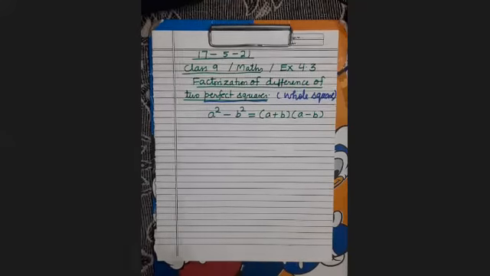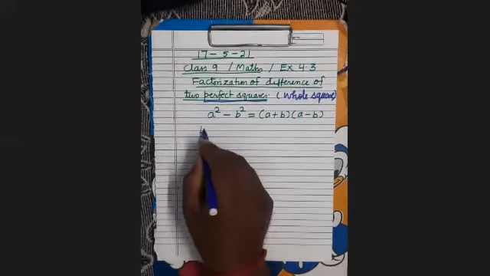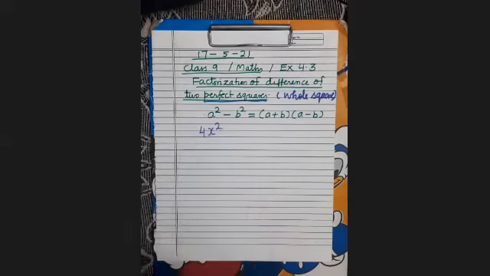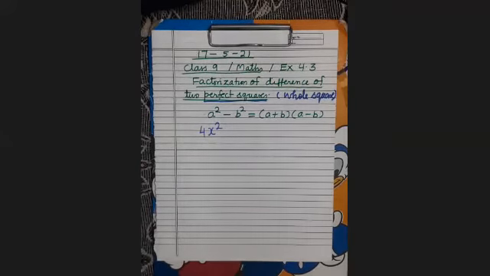Now you can see here. Suppose if this is written 4x square, whether it is a perfect square. Yes sir? It is not written in the perfect square form. Why?